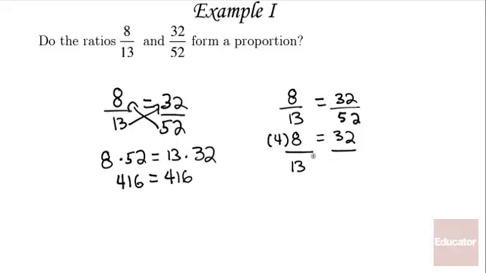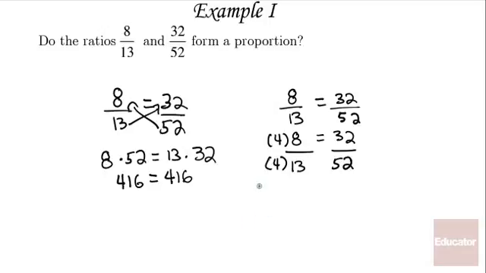If the relationship between the two denominators is the same as the relationship between the two numerators, then I can say that this is a proportion. So 8 times 4 is 32, and if 13 times 4 is 52, then this is a proportion. And that does turn out to be true.